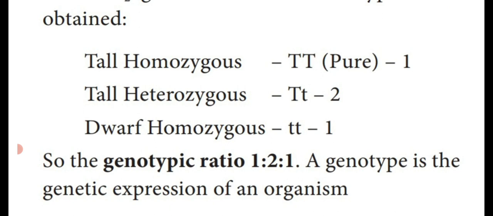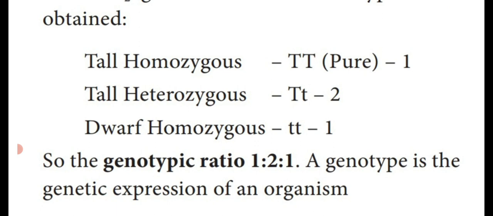Capital TT is known as homozygous tall. Another one, capital T with small t, is showing the 2 genes, isn't it? That is heterozygous, different gene. That is the hybrid one. Next one is the small tt, is the dwarf homozygous one.